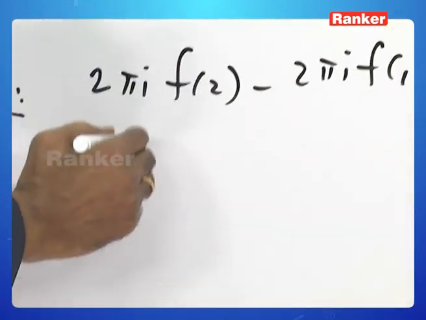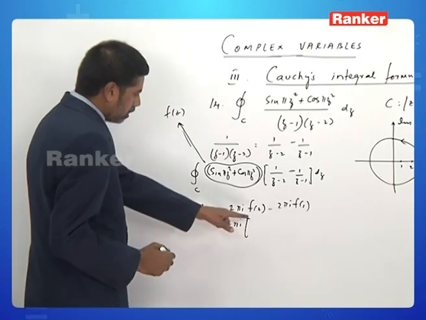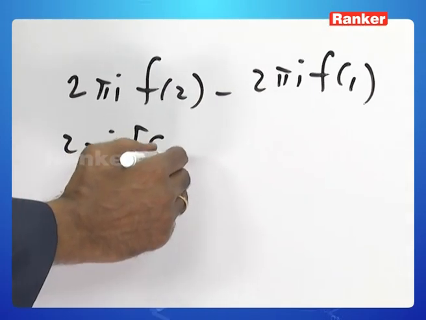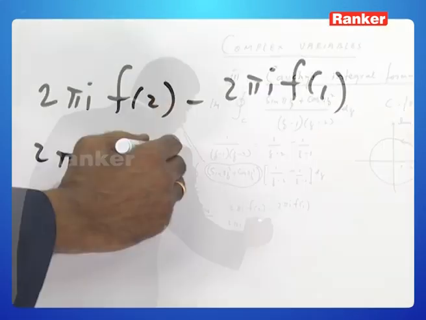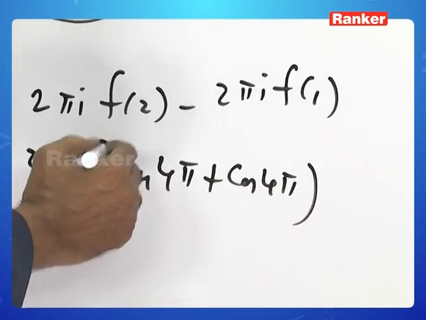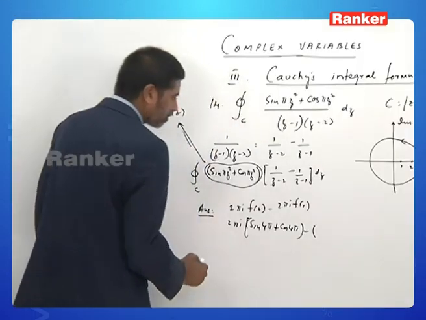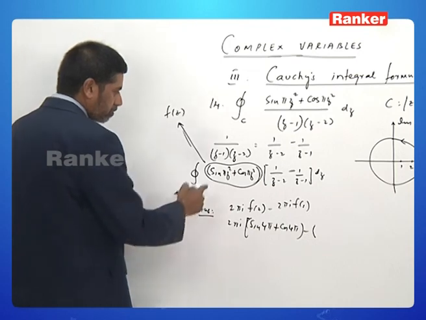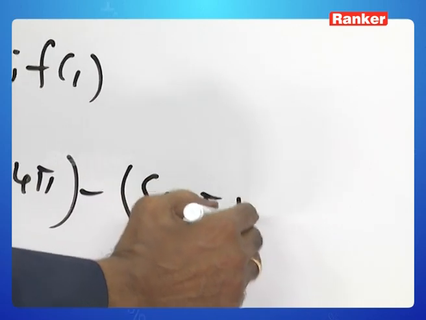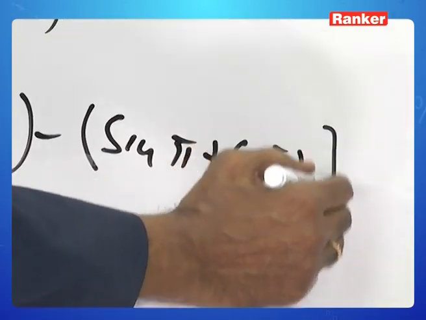So, 2 pi I into f of 2 is sine, put z is equal to 2, sine 4 pi plus cos 4 pi, minus of f of 1, sine pi plus cos pi.